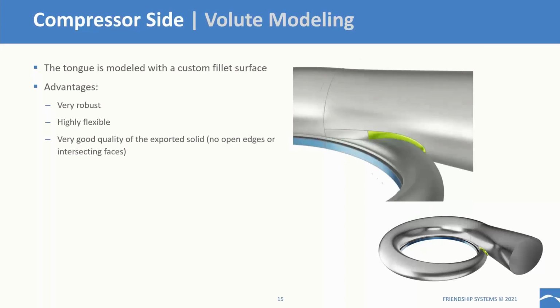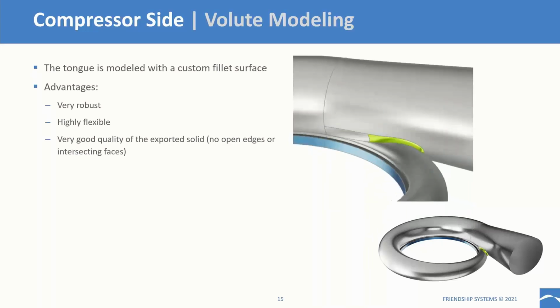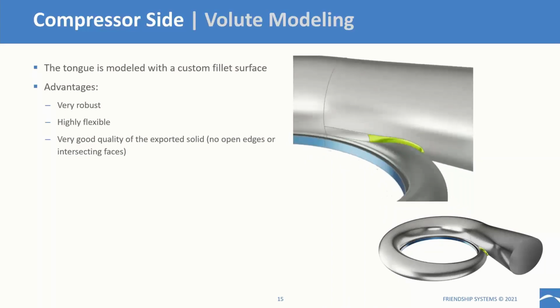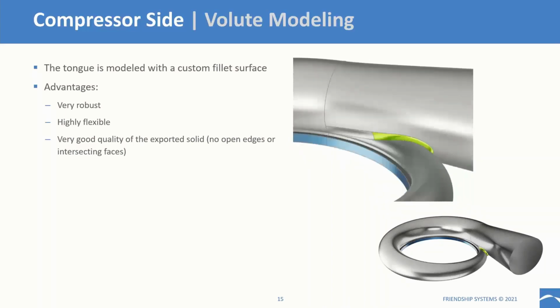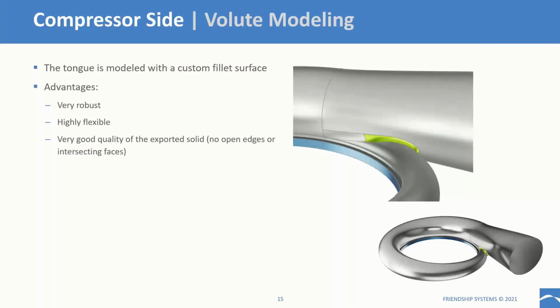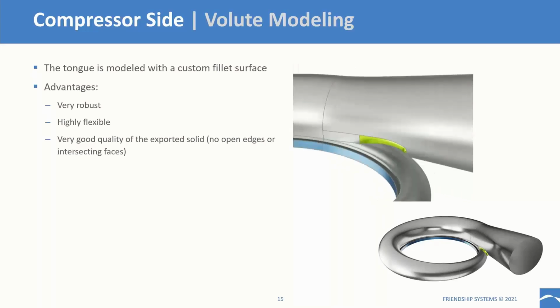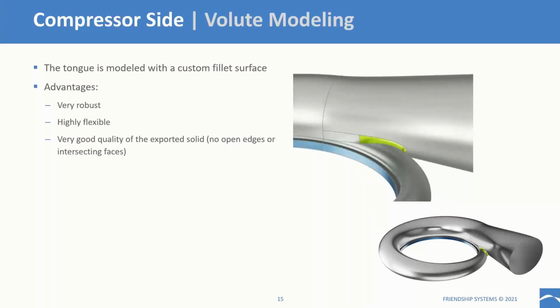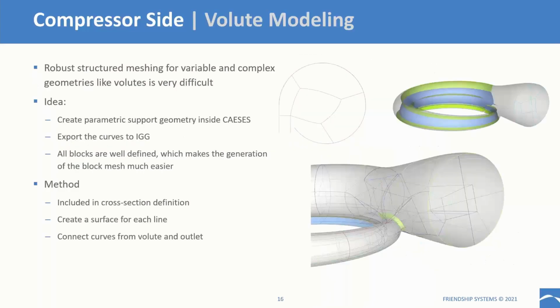And having a very good quality of the overall solid that we export, because obviously for meshing later on, we don't want to have open edges or intersecting faces and so on. That would throw stones in our meshing process.